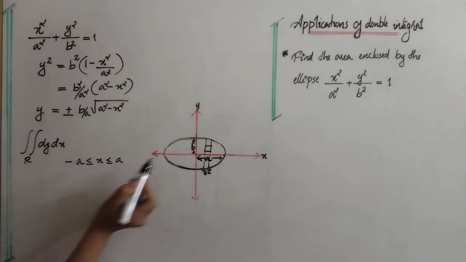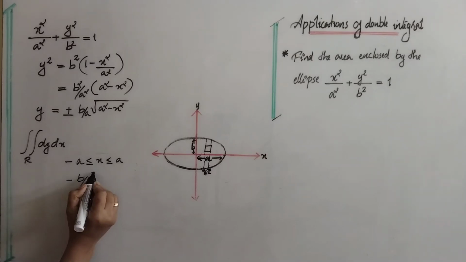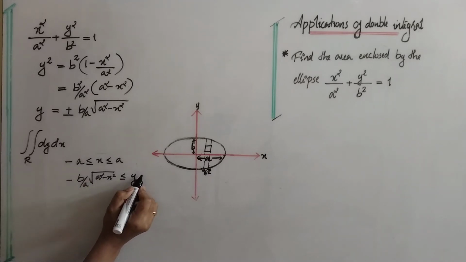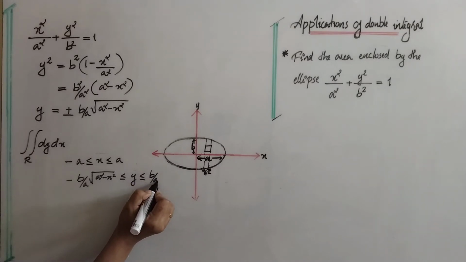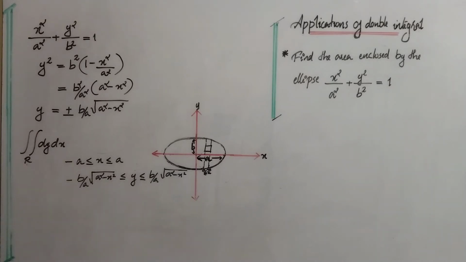So x varies from minus a to plus a, and y varies from minus b by a root of a square minus x square to plus b by a root of a square minus x square. So region R is minus a less than or equal to x less than or equal to a, and minus b by a root of a square minus x square less than or equal to y less than or equal to plus b by a root of a square minus x square.